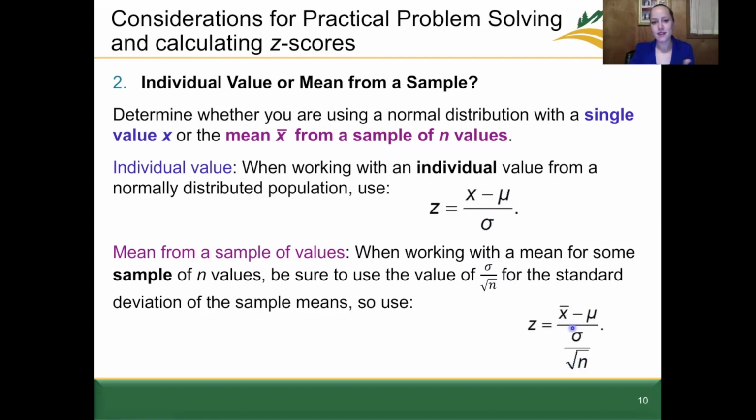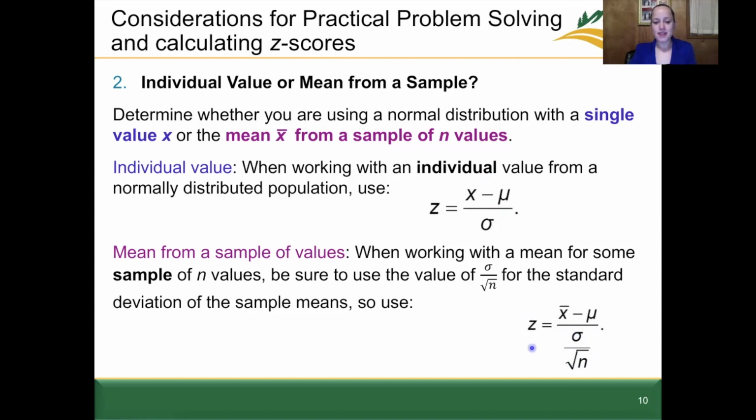To calculate the standard deviation, we take the population standard deviation divided by the square root of the number of trials, or lowercase n. They're very comparable, but we might need to first take sigma divided by the square root of n to then get our standard deviation here.